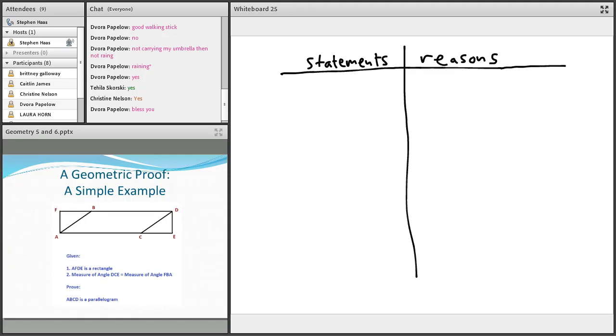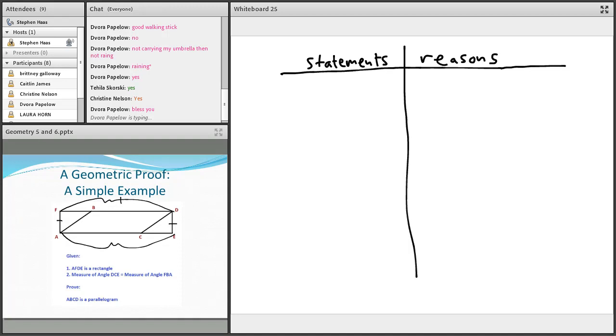What does a rectangle mean? Well, first of all, it means that opposite sides are equal. So AF is equal to DE. It also tells you that ACE, in other words, this whole side, is equal to this whole side.